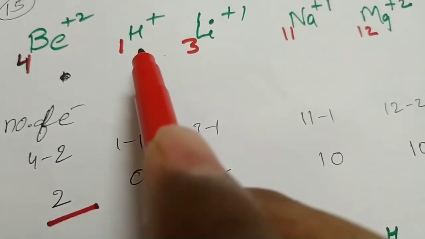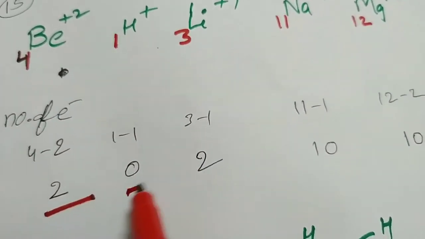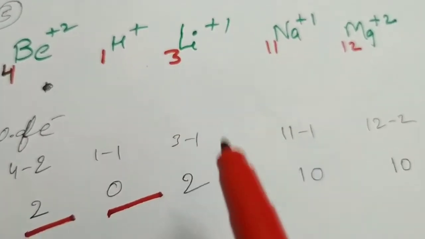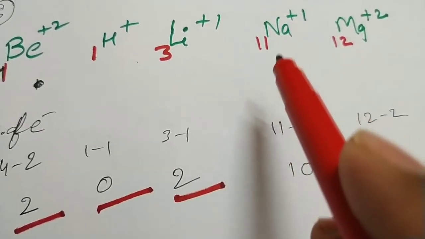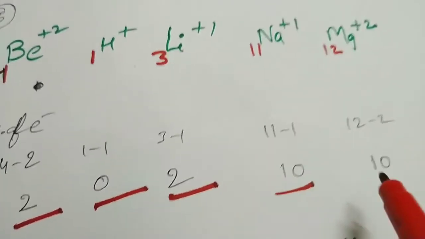Hydrogen, 1 electron should be present, 1 lost, so 0. Lithium, 3 electrons minus 1, so 2 electrons. Sodium, 11 electrons, 1 lost, so 10.